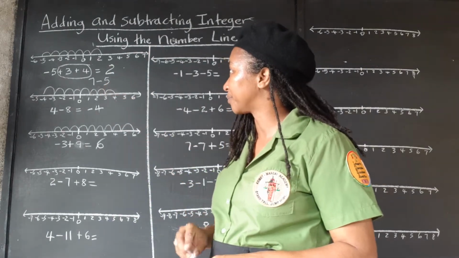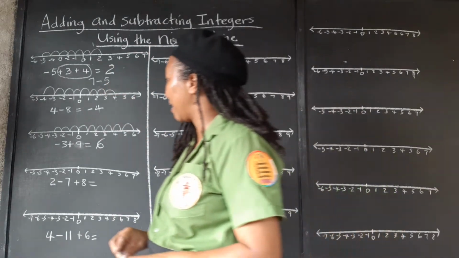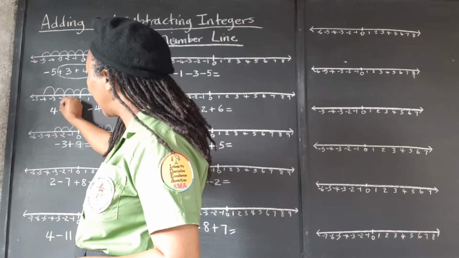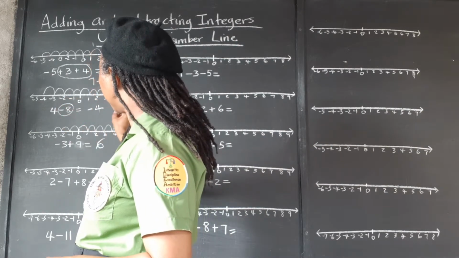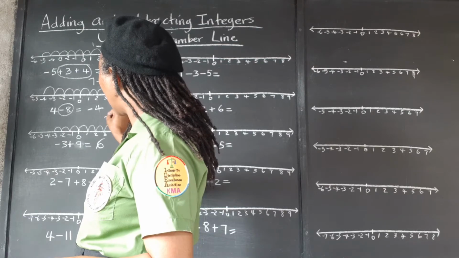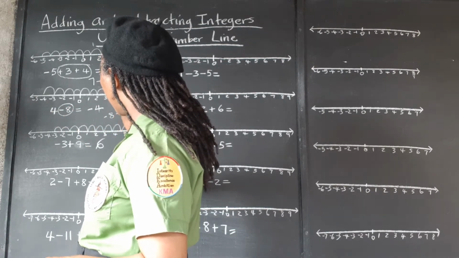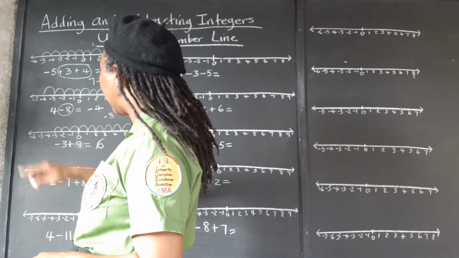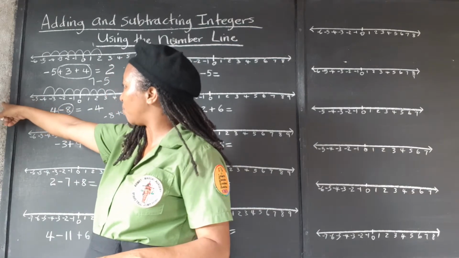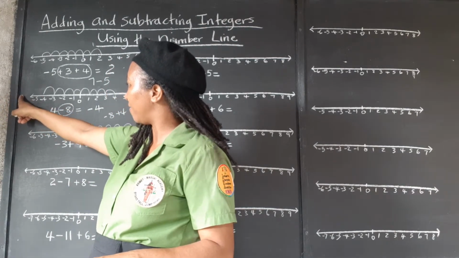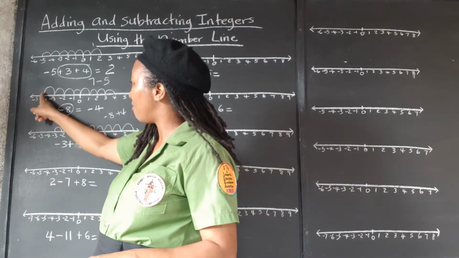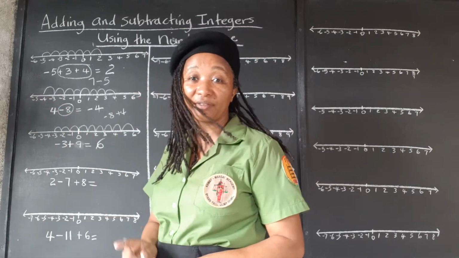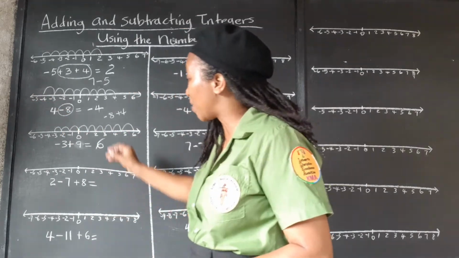Right? And let's say we take the negative 8 plus 4. If we started at negative 8 and move 4 places, 7, 6, 5, 4, it will take us back to negative 4. And let's say we rearrange this.